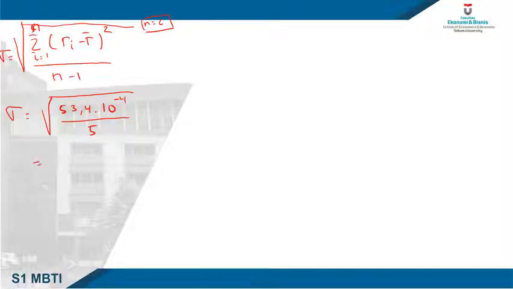So 53.4 times 10 to the minus 4 divided by 5 is equal to 1.068 times 10 to the minus 3.